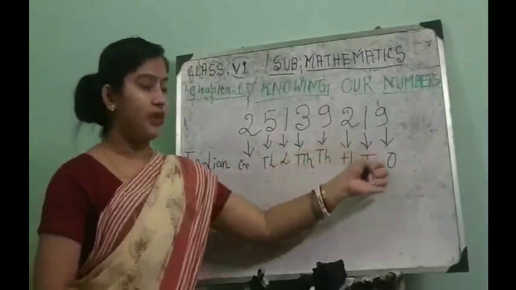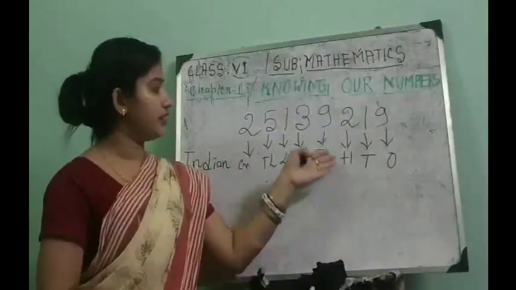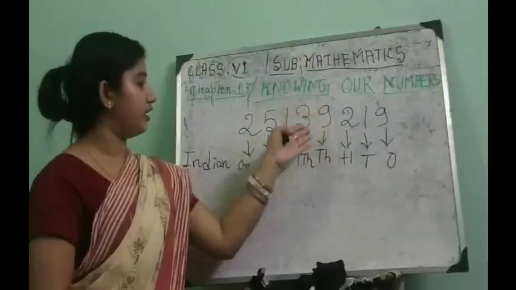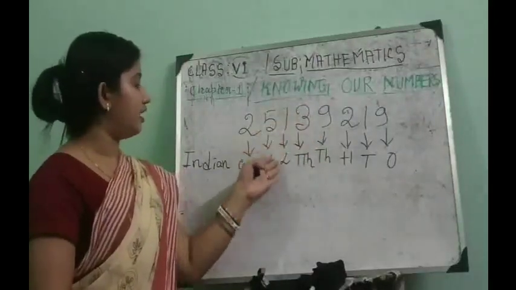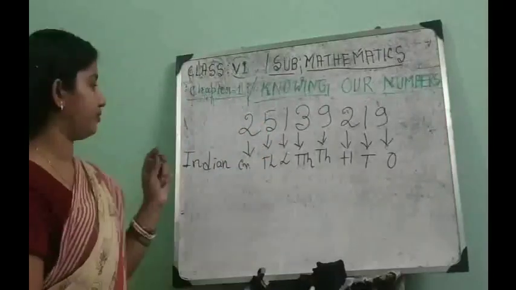So this is 1 places number, this is 10 places number 1, and 100 places number is 2, 1000 is 9, and 10,000 is 3, lakh 1, 10 lakh 5, and crore is 2.